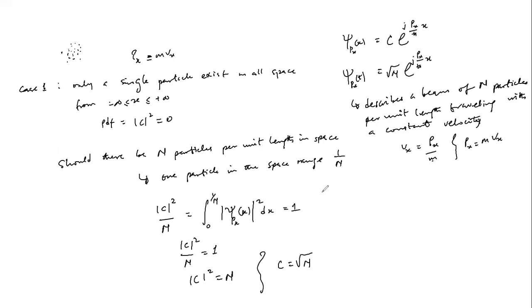So for a free space particle, the Hamiltonian is p squared over 2m, which is the velocity of the particle in free space, which is the same as the energy.